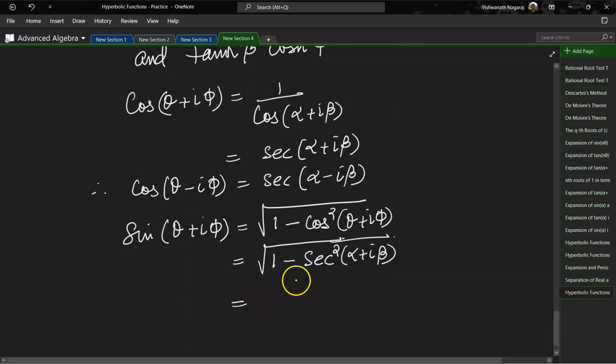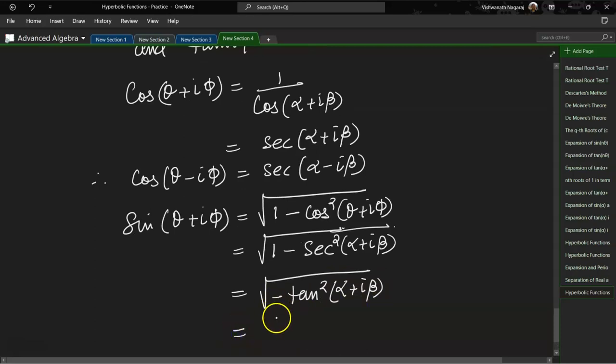Okay. Now 1 minus sec square is minus tan square. Why? Because actually sec square theta minus 1 is equal to tan square. Here it is the other way around. So minus tan square of alpha plus I beta, which means the square root of minus 1 is I, so I tan of alpha plus I beta.